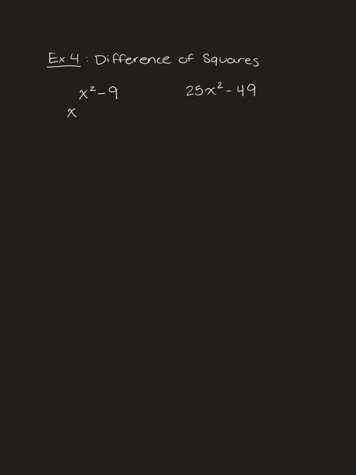Okay? 9 is a perfect square of 3. So the factored form here is x plus 3 and x minus 3. Okay? That's how you factor difference of squares.